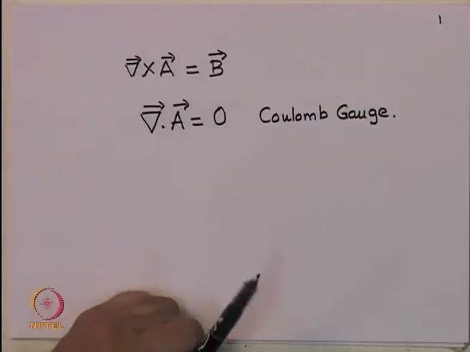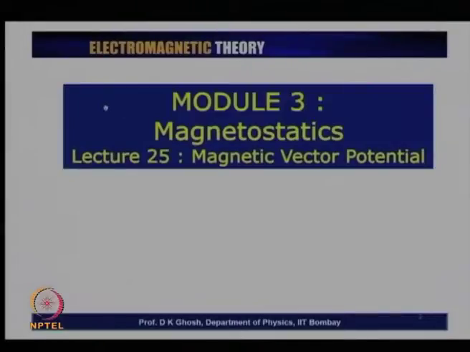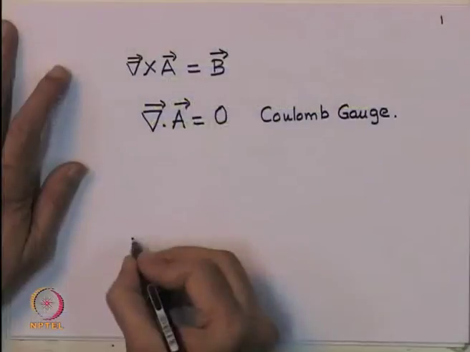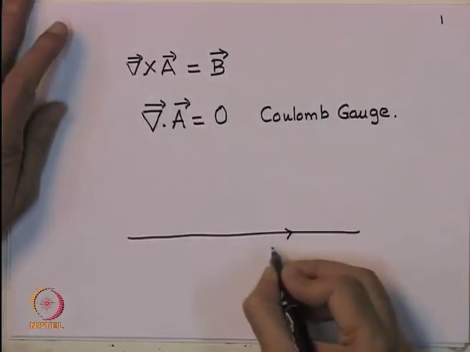So, what we will do today is to continue this discussion of the magnetic vector potential and calculate it in a few cases. The first simple example is to calculate the magnetic vector potential for a long current carrying conductor, and let us take the direction of the current to be along the z direction.